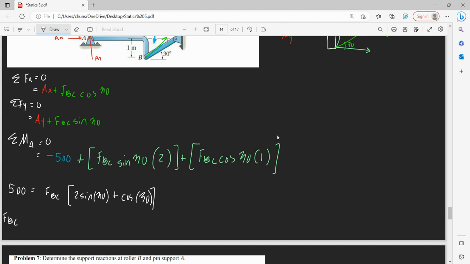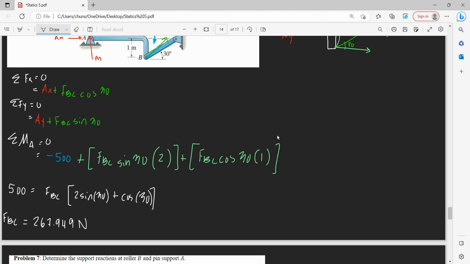And that makes FBC equal to 500 divided by 2 sine 30 plus cos 30. And this becomes 267.949 newtons.